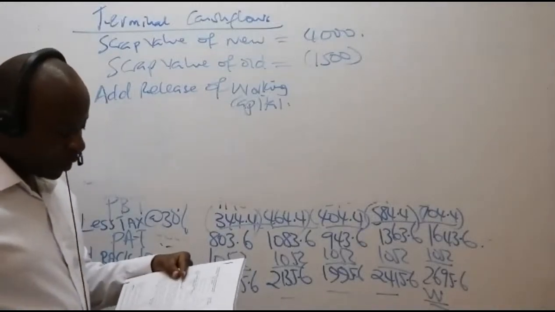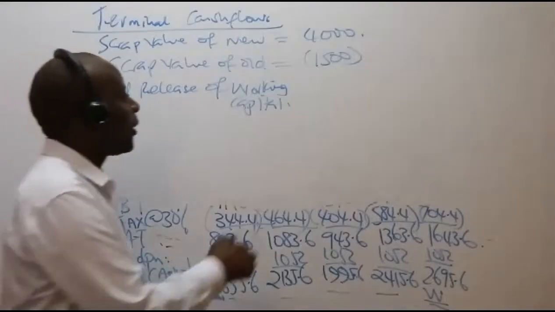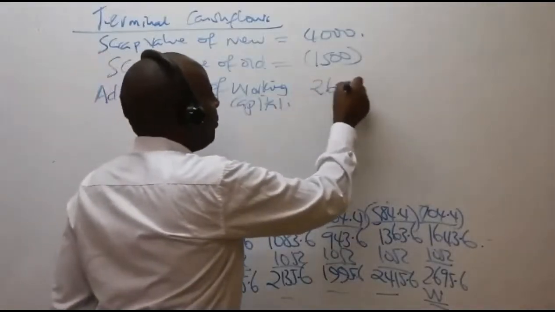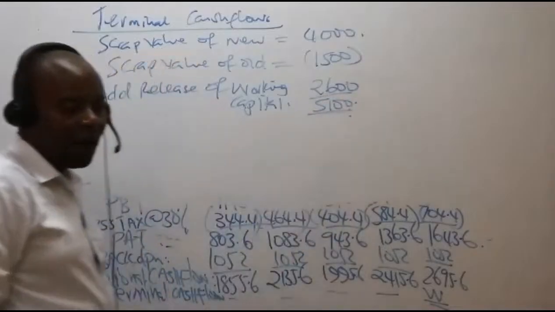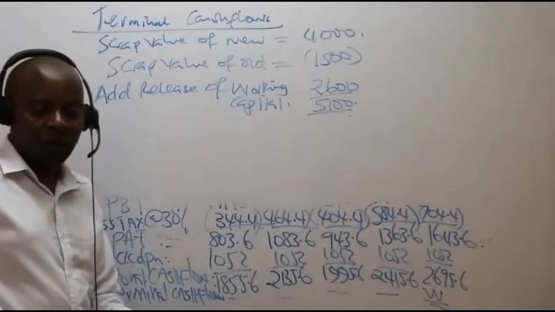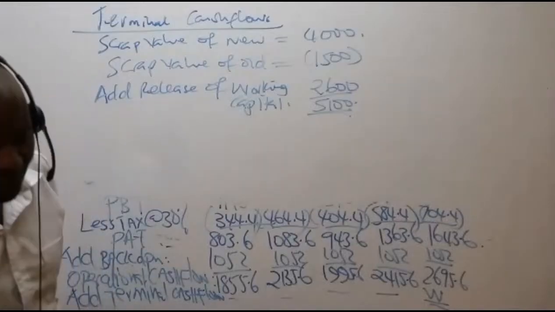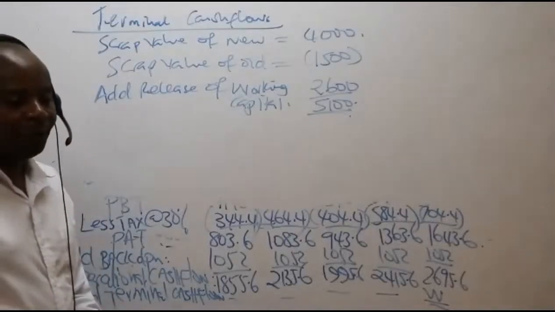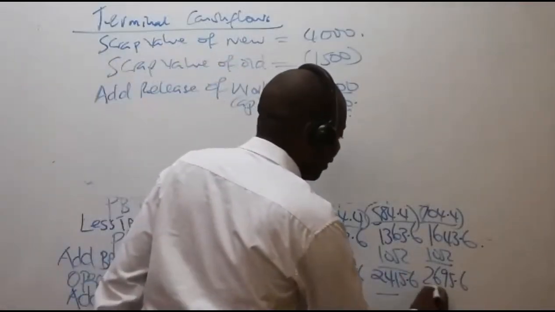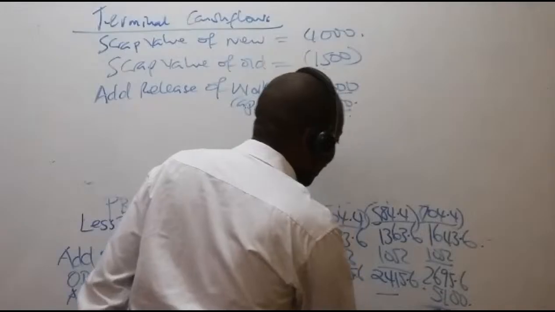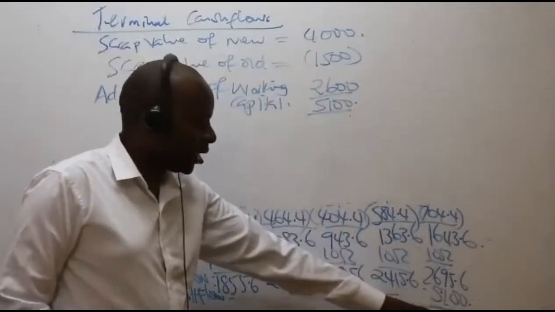The release of the working capital was 2,600, and I want to believe this is how they got their 5,100, which will come at termination. So this is what we put here, 5,100. Kindly add this figure and this figure.